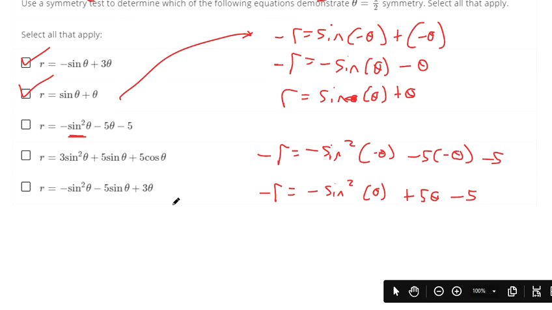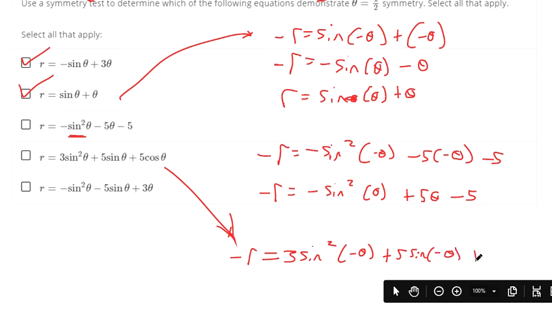R equals sine, so let's do the same thing for this one. I think you get the idea, right? I'll do this one, I'll leave the last one for you to check. This is negative r equals 3 sine squared negative theta plus 5 sine negative theta plus 5 cosine negative theta.